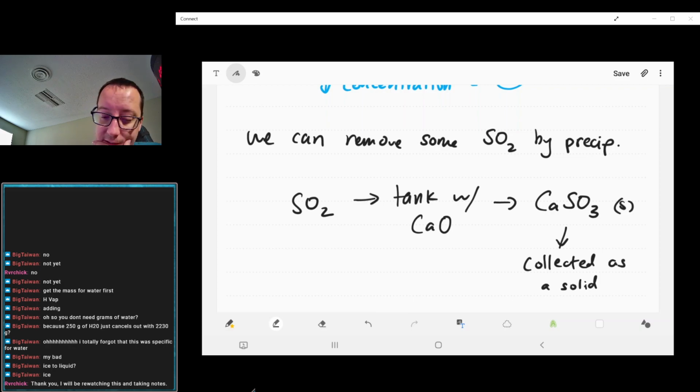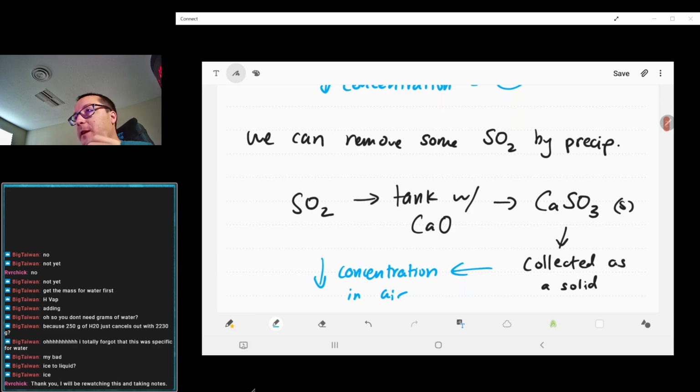And as a result, collecting it as a solid will lower the concentration in the air, and thereby help to mitigate some of the bad things that SO2 can do in the air, namely the acid rain portion. So that's one way to fix this sort of thing.